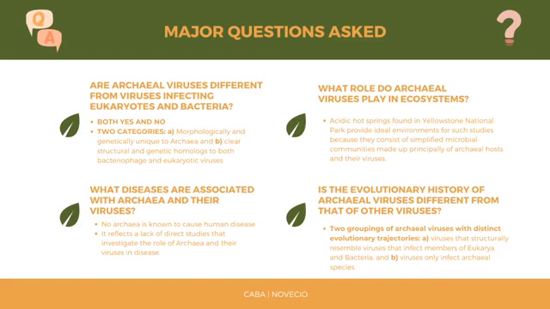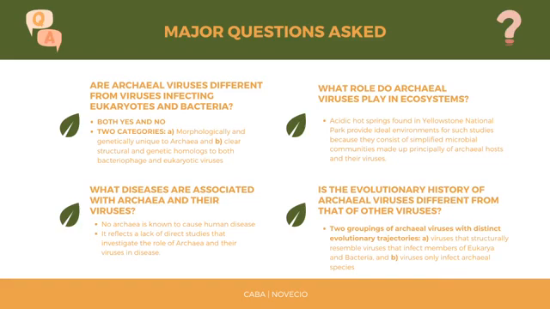Lastly, is the evolutionary history of archaeal viruses different from that of other viruses? In general, deciphering the evolutionary history of viruses is a difficult task due to the lack of universally shared viral genes and the presence of extensive horizontal gene transfer among viruses and between viruses and their hosts. It is particularly difficult with archaeal viruses because we only have limited knowledge on archaeal virus genomes.